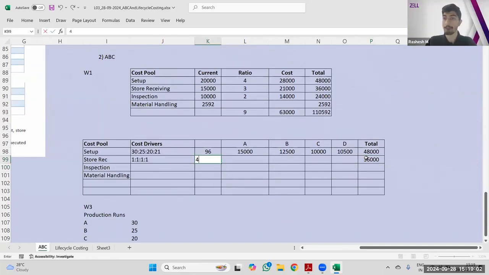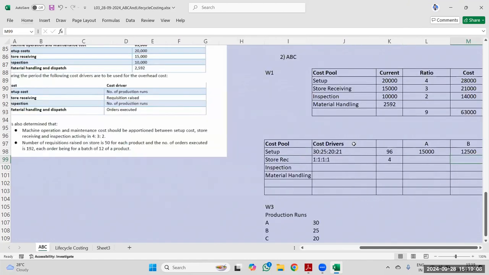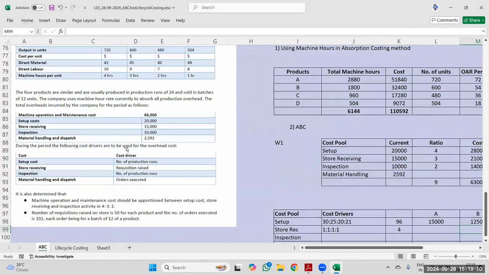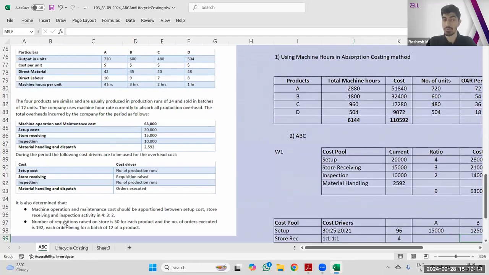36,000. I have a doubt. Why did we take 1:1? Because the number of units produced is different for each product. Correct. But they are saying here the number of requisitions raised is 50 for each product, the full product. Not unit, product.